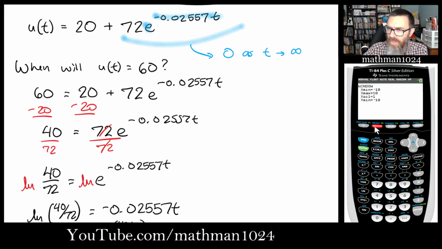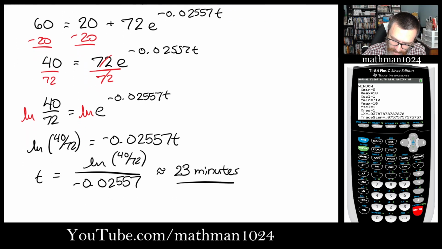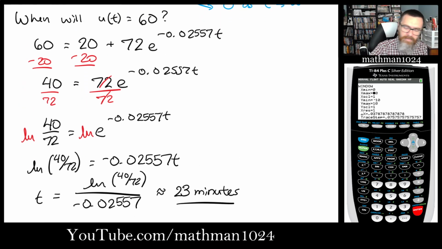Let's choose a good window. 0 is going to be the minimum. We were getting up to 23 minutes, but let's actually take this out to 150 minutes to see what the cooling effect is. X scale, let's make that 10. The Y minimum should be 20, because that's the room temperature. And the Y max was 92.